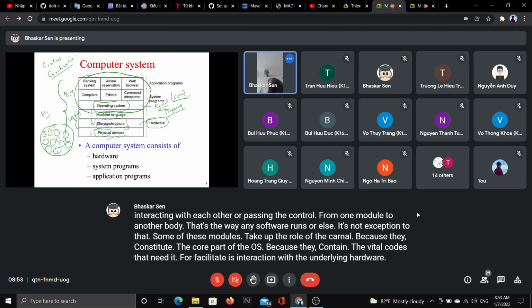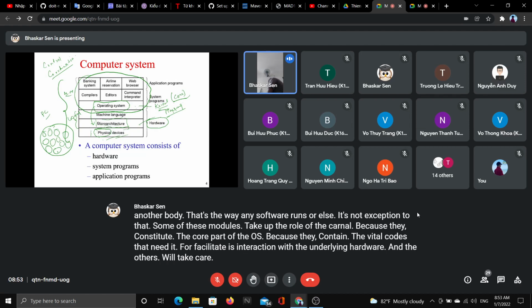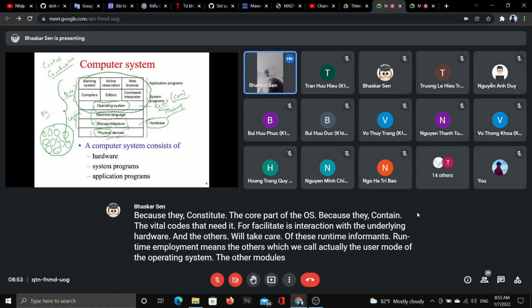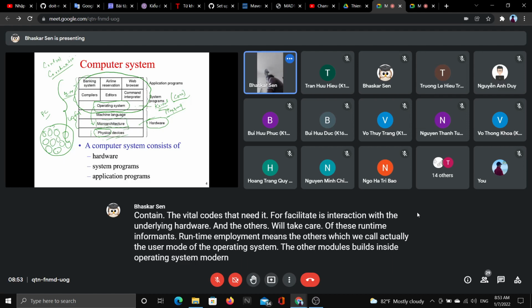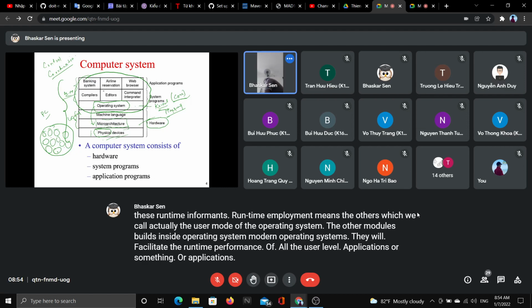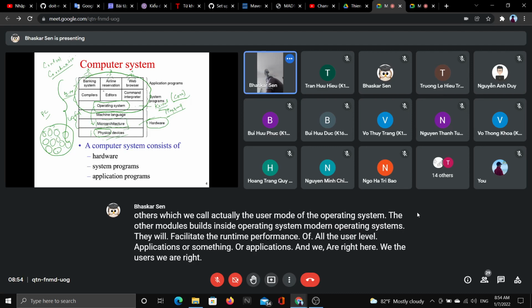And the others will take care of the runtime environments. Runtime environment means the others, which we casually call the user mode of the operating system. The other modules of code inside the modern operating system will facilitate the runtime performance of all the user level applications or application software. And we are right here. We, the users, we are right external to the system.